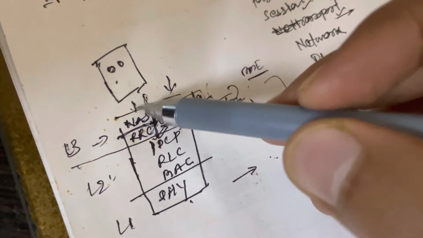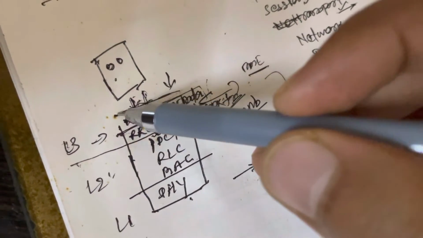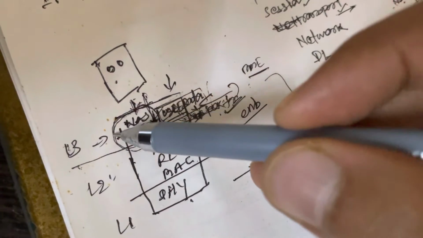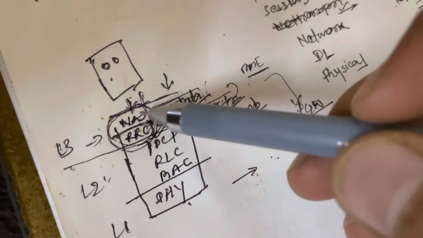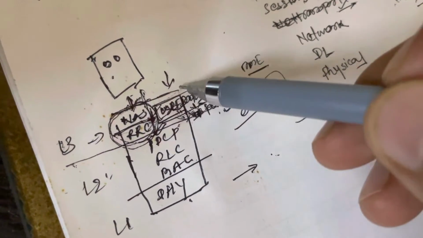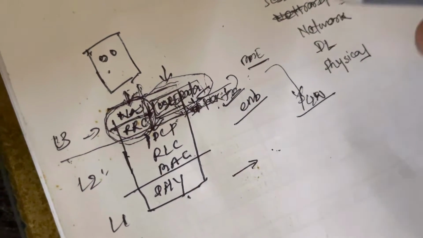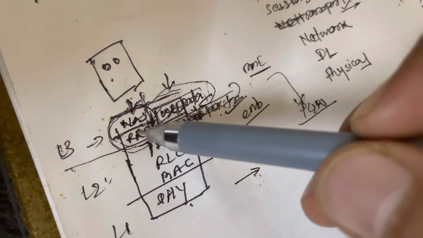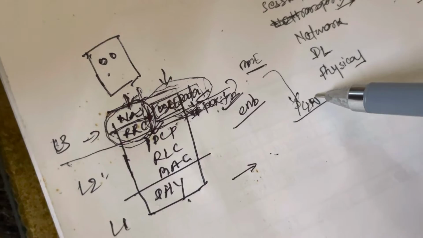This protocol is only for signaling purposes. NAS and RRC messages will never be involved in sending data. So this is a signaling protocol, and this is for data purposes, which is called user data.